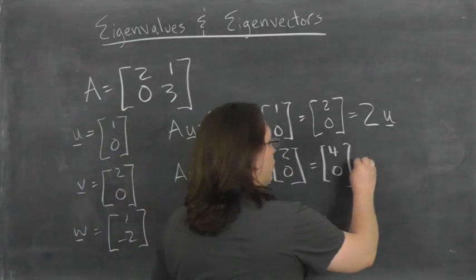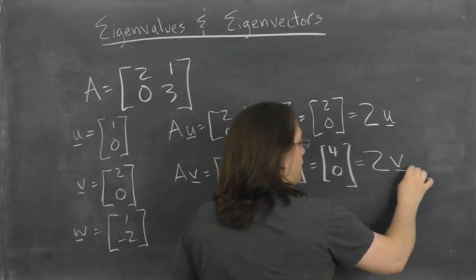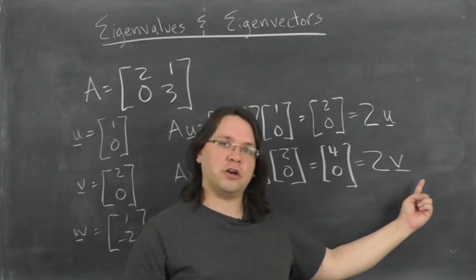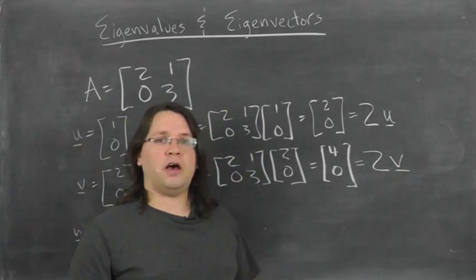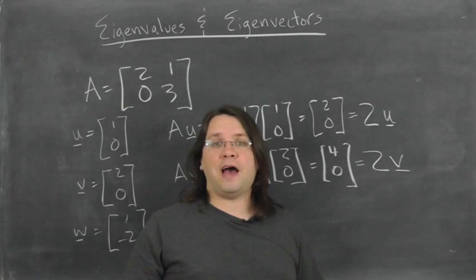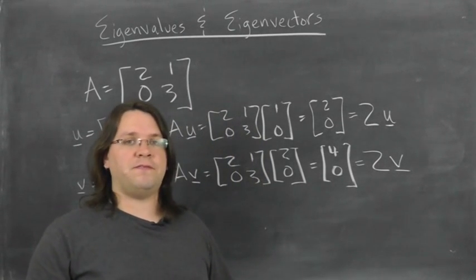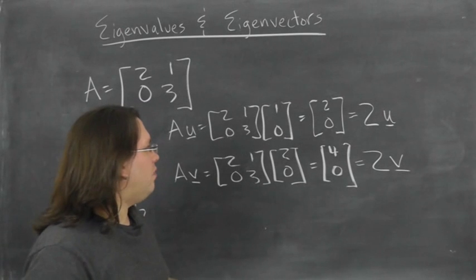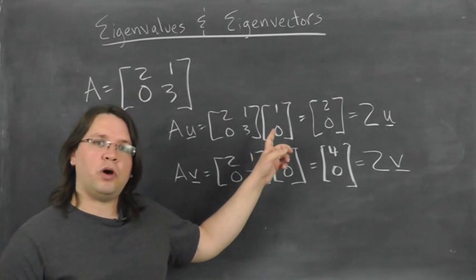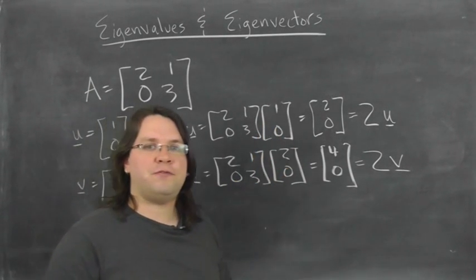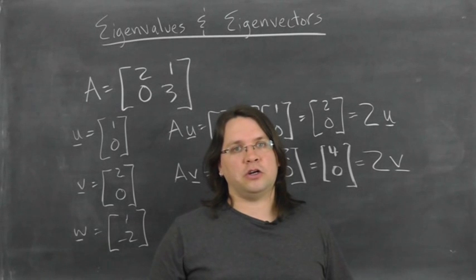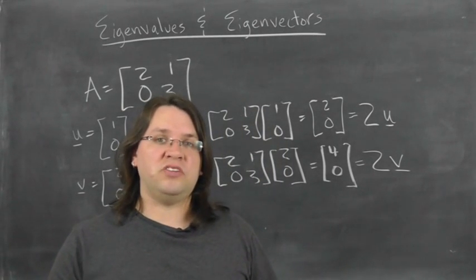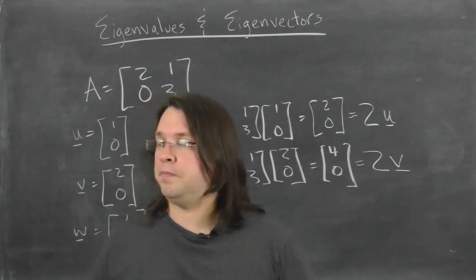So this is 2v. So what we see here is we've got another eigenvector for the same eigenvalue. So if you have an eigenvalue, it has more than one eigenvector. And here, the relationship between u and v is pretty obvious. V is really just twice u. So if v is an eigenvector with eigenvalue lambda, then so is any non-zero multiple of v.